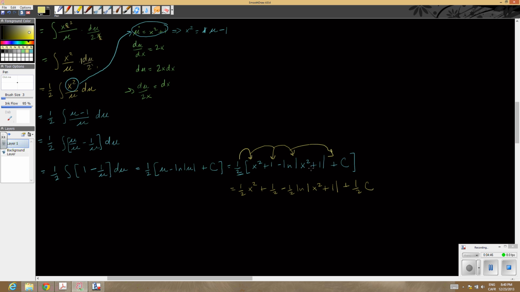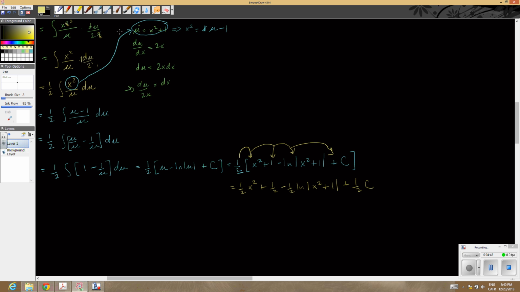Okay, so I'm going to point something out to you here. We do have some constants here. 1/2, that is a constant, and 1/2 times c, that is also a constant. When you put these two together, you're still going to get a constant.